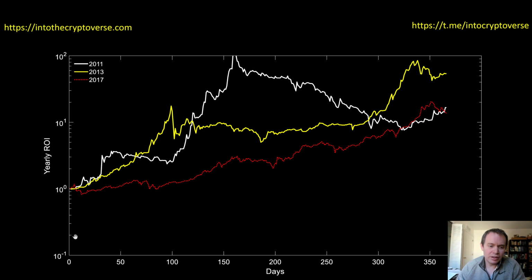One of the things we can do is look at the yearly ROI for years where the ROI was greater than 10. This means as measured from the beginning to the end of the year. You can see there were 3 years where this occurred: 2011, 2013, and 2017. In 2011, it actually went up to over 100x at one point, but it still managed to finish the year at over a 10x ROI on your investment.